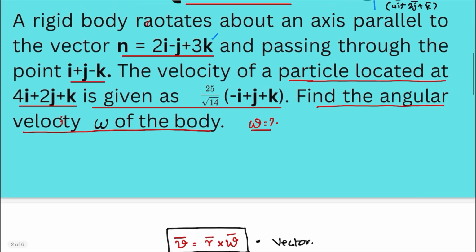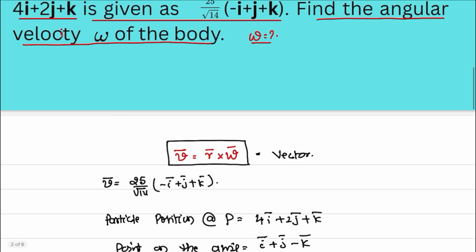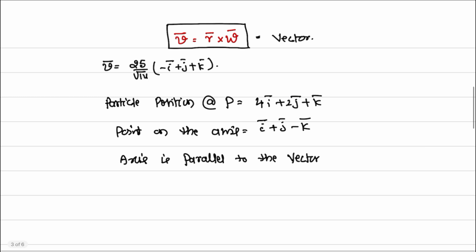And the axis is parallel to the vector. These are all given. Axis is parallel to the vector 2i minus j plus 3k.